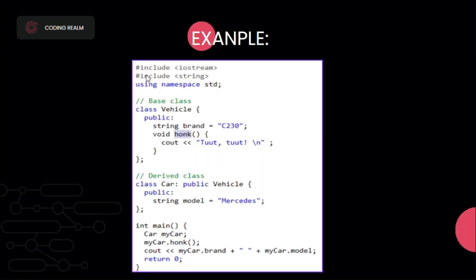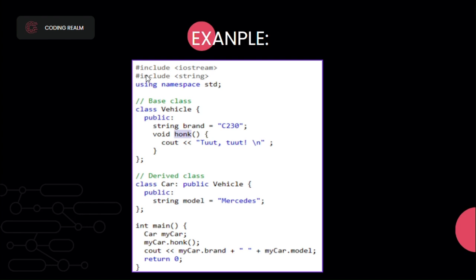Here we include iostream, include string, using namespace std. First, the base class is class Vehicle. Public: string brand, I have a brand for a car, for example, and a void function.